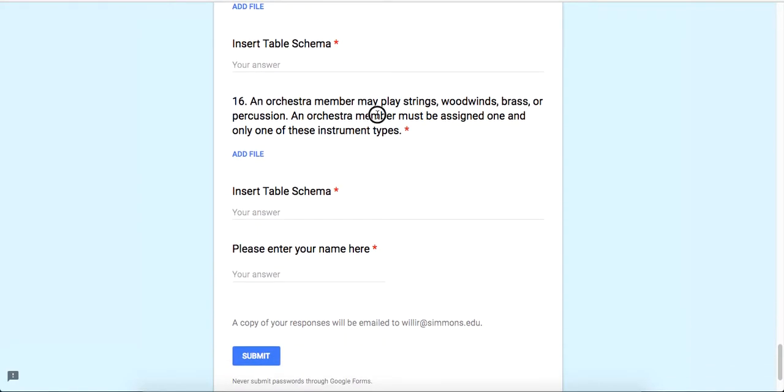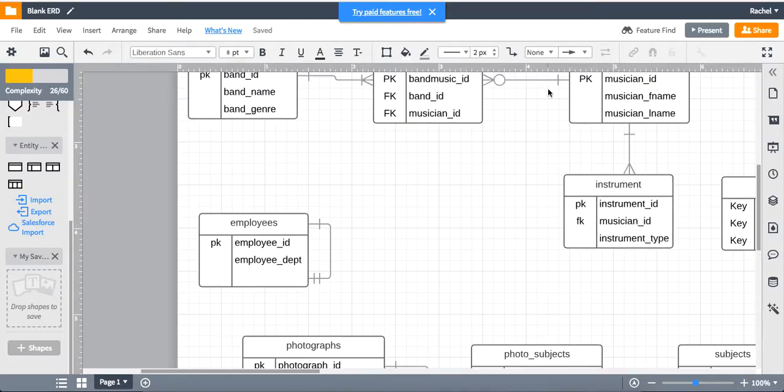And then finally, number 16, which I saw a variety of setups for, which again, I understand where a lot of folks came from in terms of their logic. And if your logic made sense, I did not take off points, but just to show you what I was looking for with this assignment, I'm saying an orchestra member may play strings, woodwinds, brass, or percussion. An orchestra member must be assigned one and only one of these instrument types.